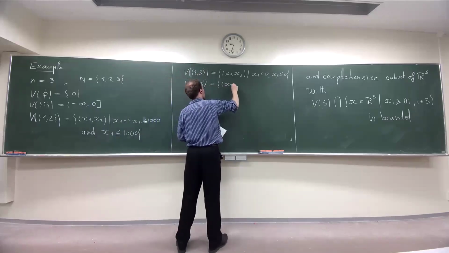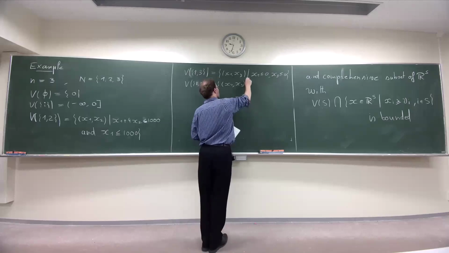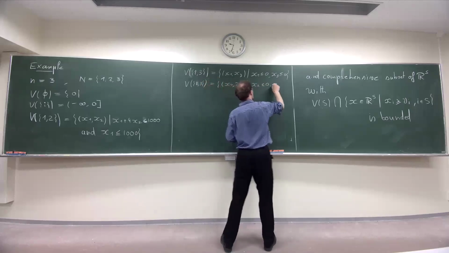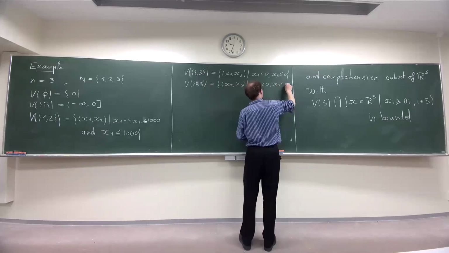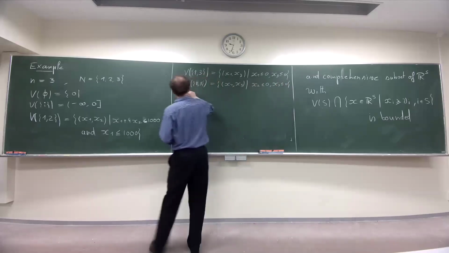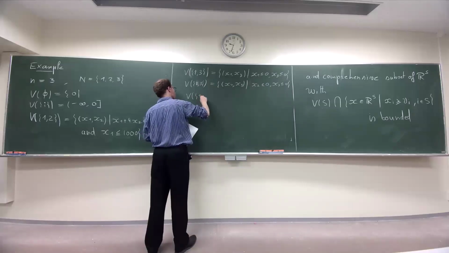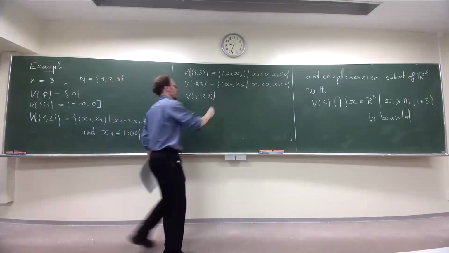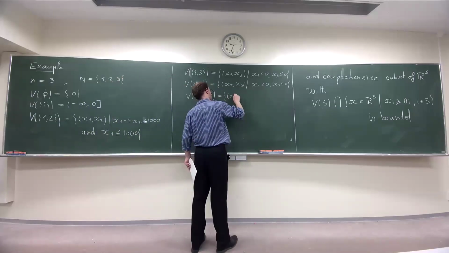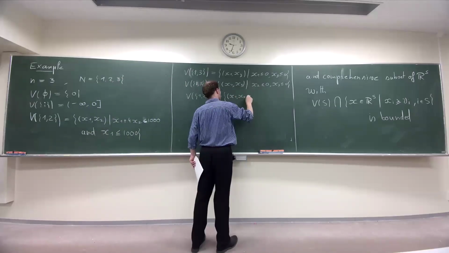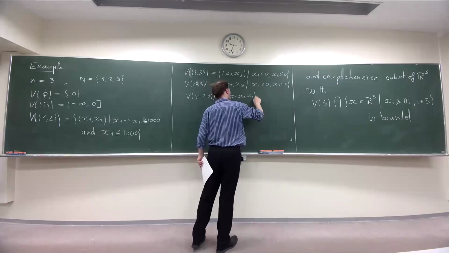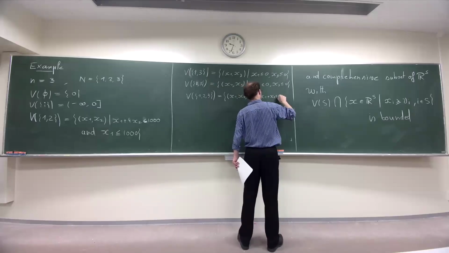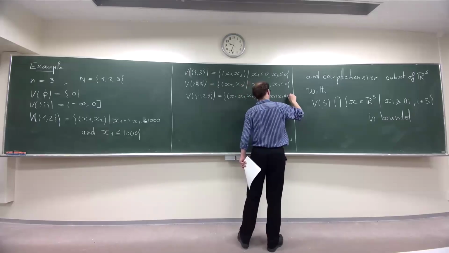It's a set of (x2, x3), so that x2 smaller than 0, x3 smaller than 0. And finally, I need to define V of {1,2,3}. It is a set of vectors with 3 variables, x1, x2, x3, so that x1 plus x2 plus x3 is smaller or equal to 1,000.